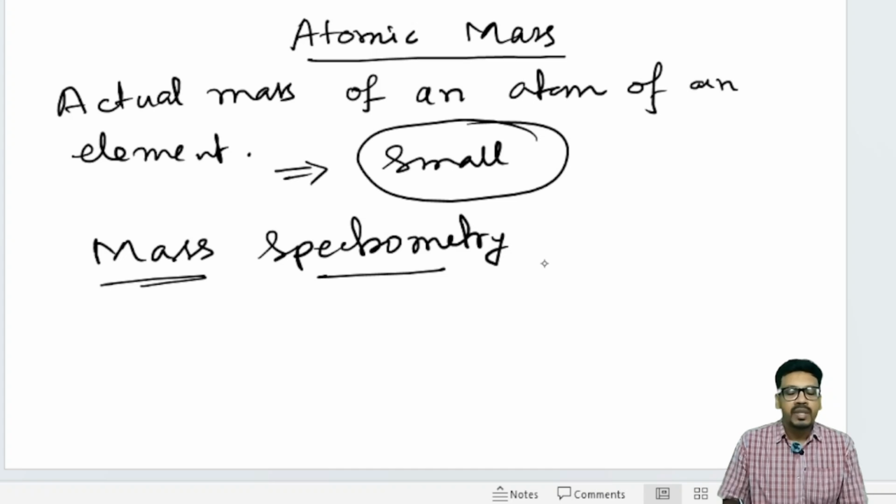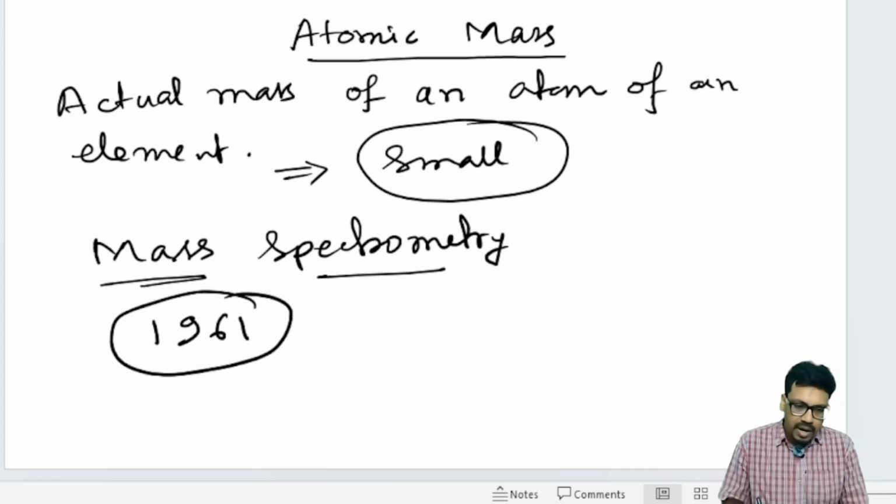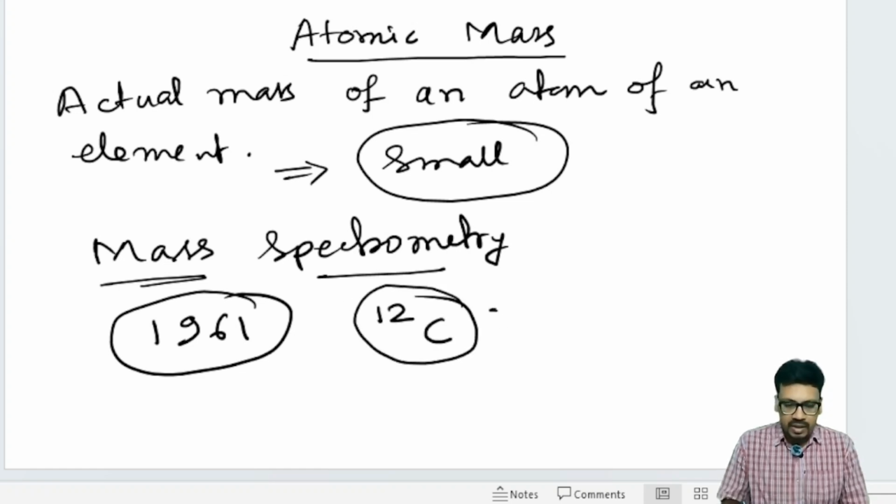But in the past, scientists measured the mass of the atom of an element by the relative method. The mass of hydrogen was used as a standard. But in 1961 the mass of carbon, that means the C12 isotope of carbon, was adopted as the standard.